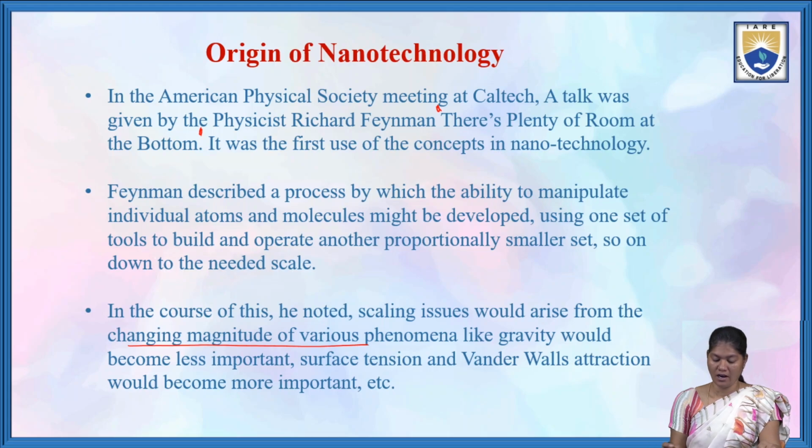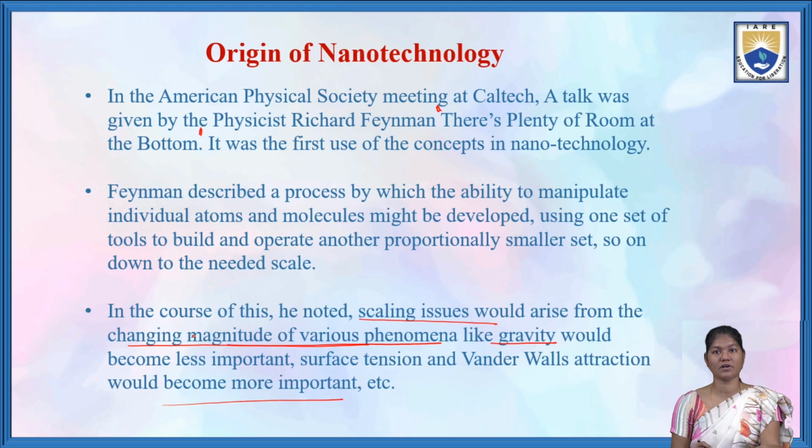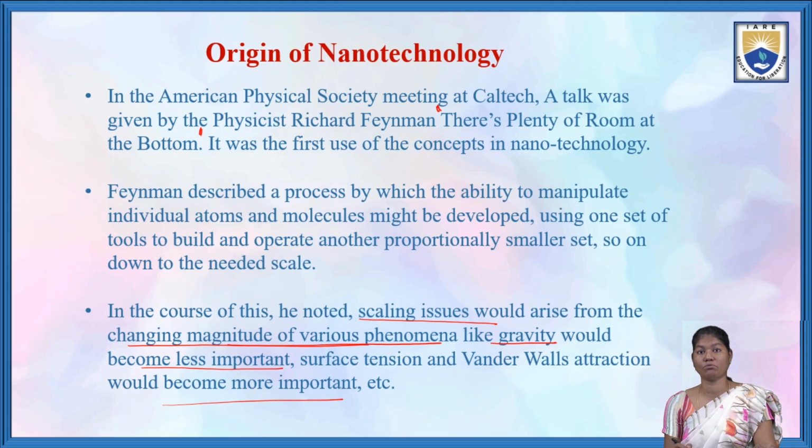When reducing the size down to the needed scale, gravity would become less important, while surface tension and van der Waals attraction would become more important.